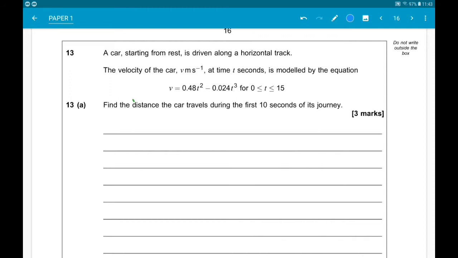So S is the integral of 0.48 t squared minus 0.024 t cubed with respect to t.